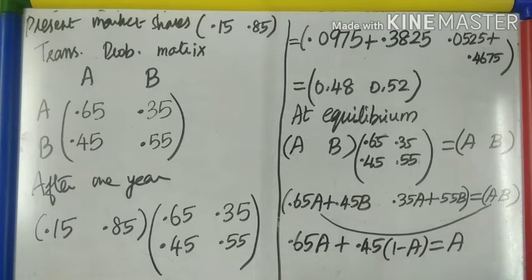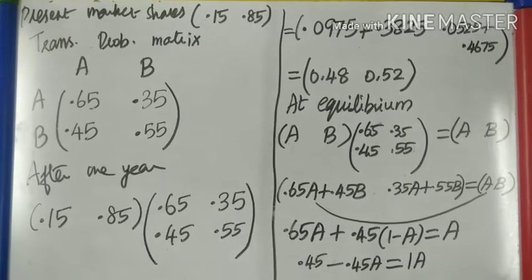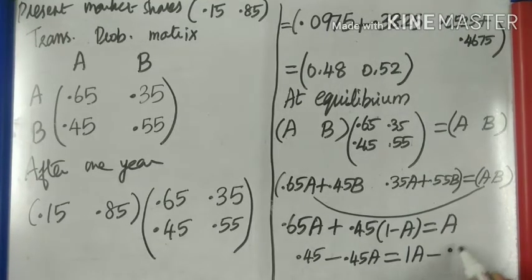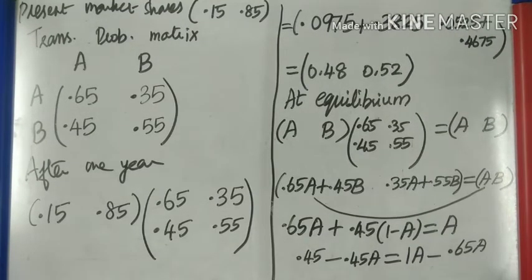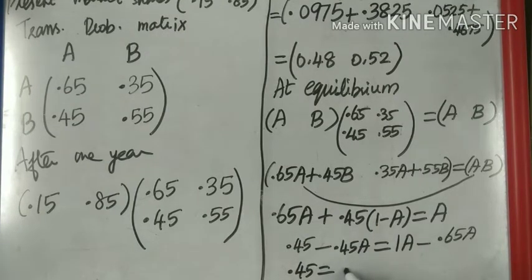Bring 0.65 to the other side and multiply this. 0.45 into 1, 0.45 into A equals, no number means treat it as 1A. 1A minus 0.65A. Here I have only 0.45. 1A minus 0.65A is 0.35A.